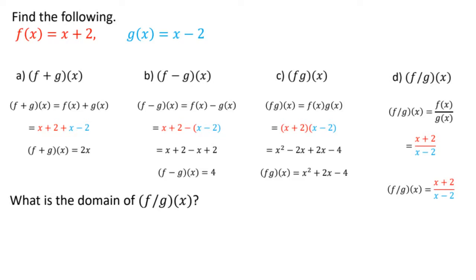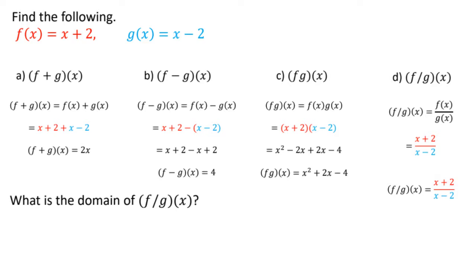On your homework for this last part, the f divided by g of x, they ask you an additional question: what is the domain of f over g? The reason they do that is because this function has a restriction. We have a fraction, and for fractions, we never want the denominator to be 0. So we need to check whether there is a chance for our denominator to be 0.